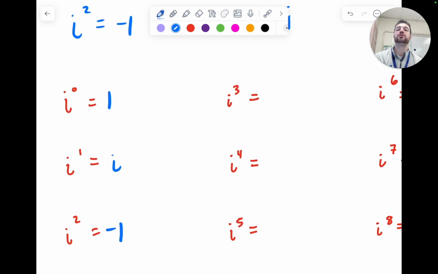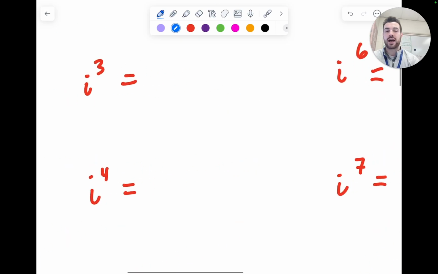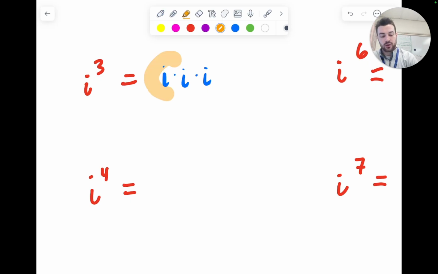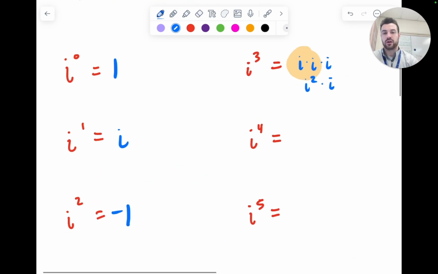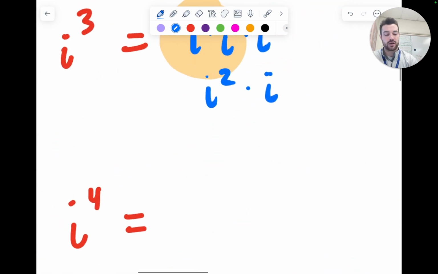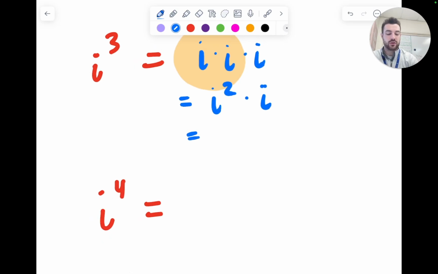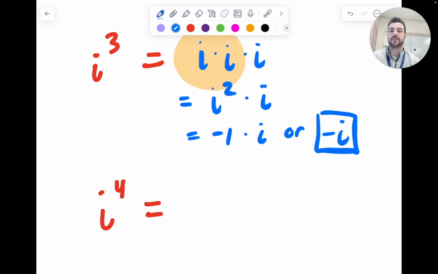And now we're going to get into some larger powers of i. So for example, we have i to the third power, which is really i times i times i. Using what we already know, 2 i's together is i squared, which we know is -1. So essentially this is going to be equal to -1 times i, or -i.